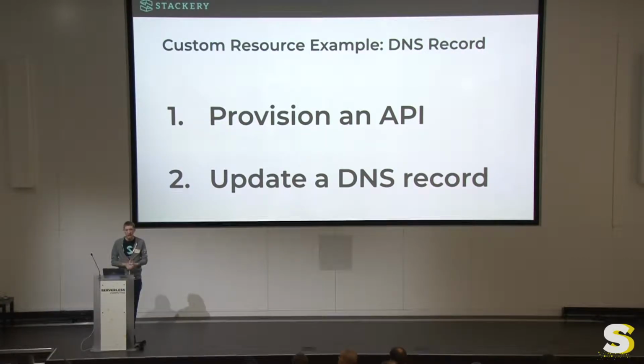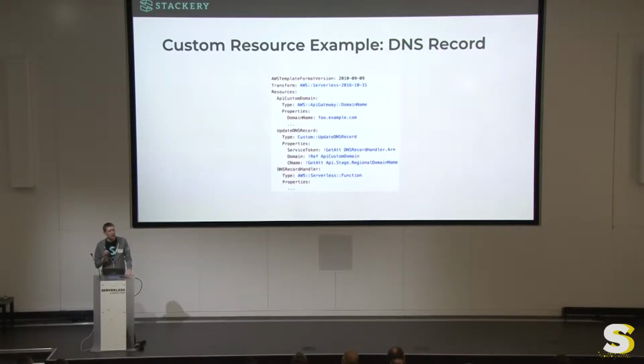But let's say that your DNS is running on GoDaddy, and so you need to interact with their API. So you could deploy this out first and then have other scripts that then go query after the fact and update GoDaddy, or do it manually. But what if we could just do that as part of our deployment itself using CloudFormation? That's where custom resources come in.